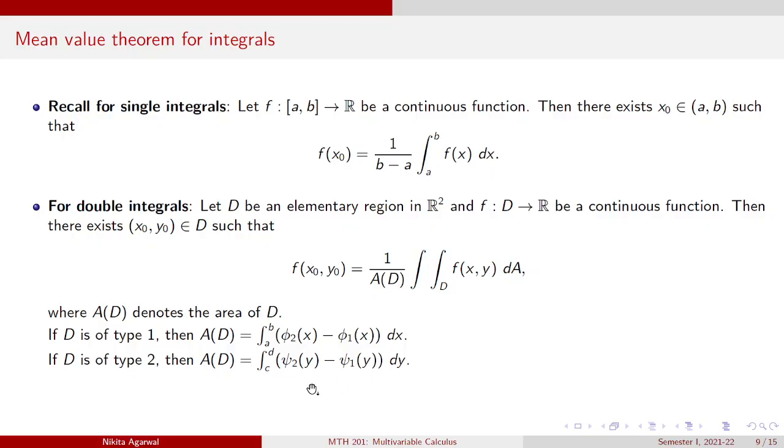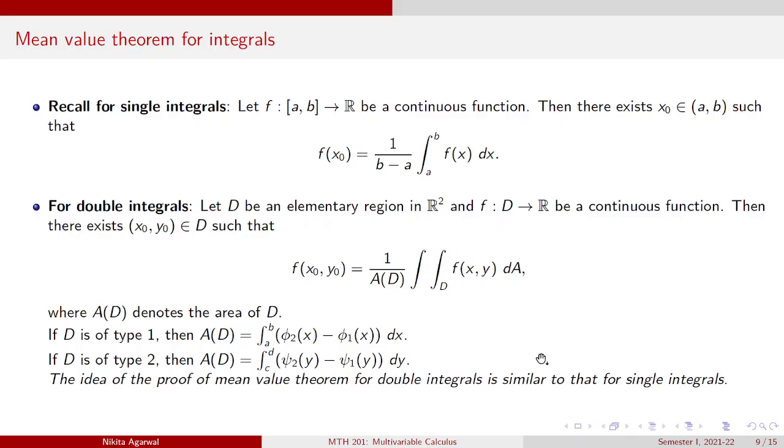So this is what you get. And if it's of type 3, then any of the integrals would work. And the idea of the proof of mean value theorem for double integrals is similar to that of single integral. So we'll not get into the proof of this.